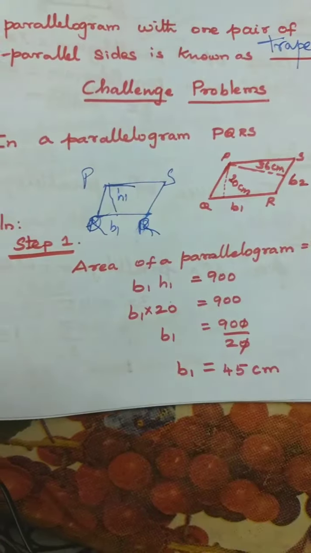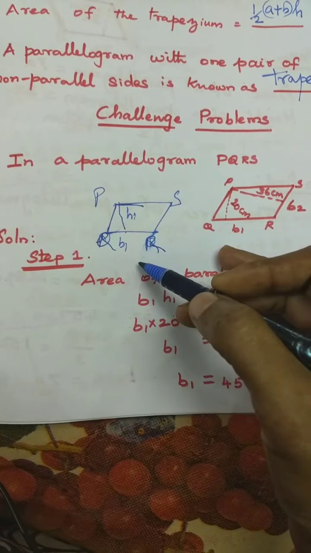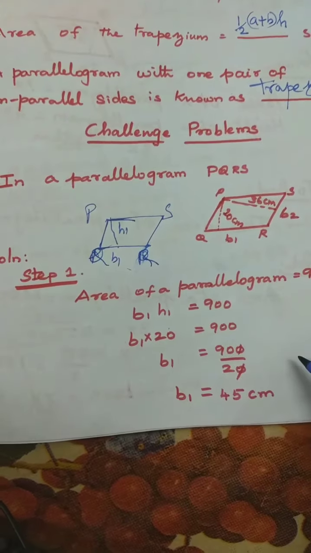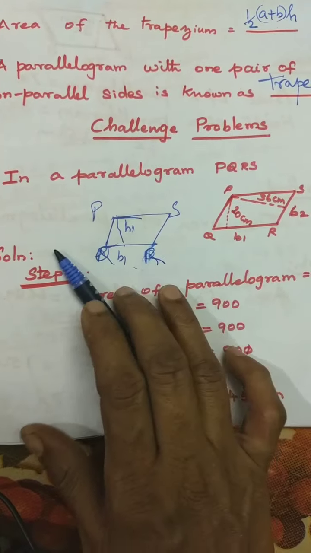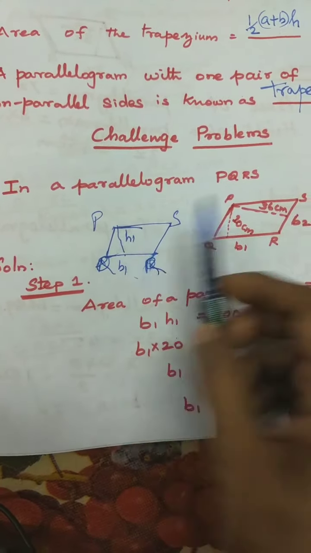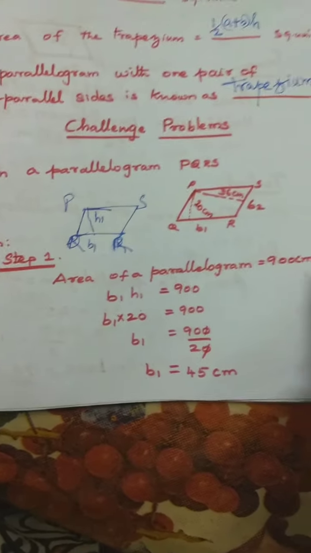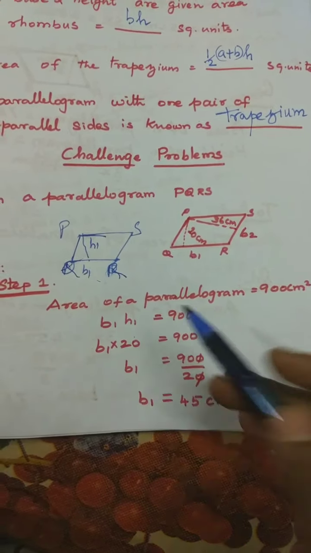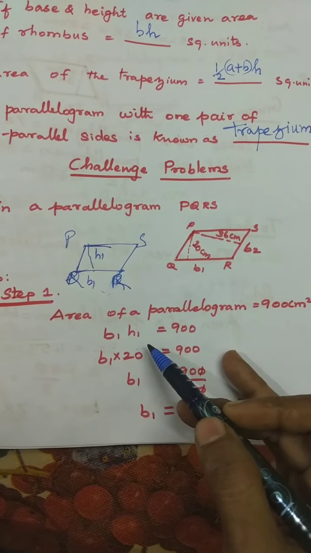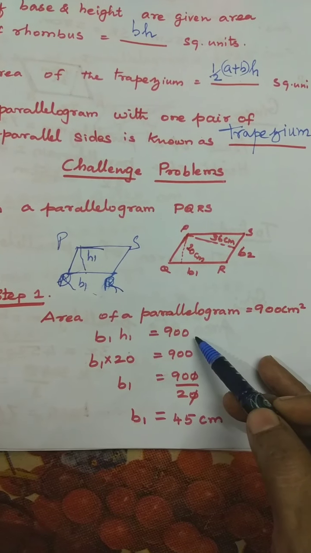This is base 1. For this we shall find the base 1 first. For both the area is same. Area of a parallelogram is 900 centimeter square. So now we shall find B1 H1 is equal to 900.